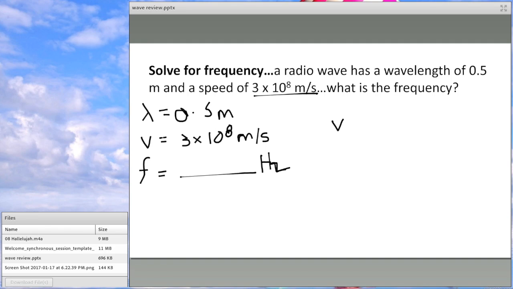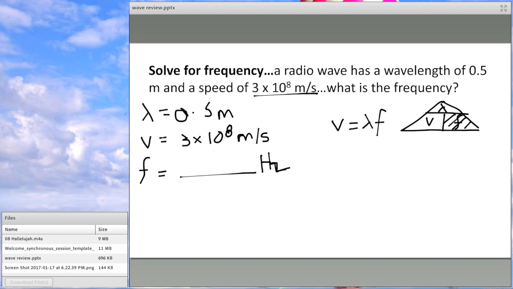And then if you remember, our formula was V equals wavelength times f. If you didn't remember, that's okay. You're allowed to have a formula sheet on your test. So I'm going to solve for f.